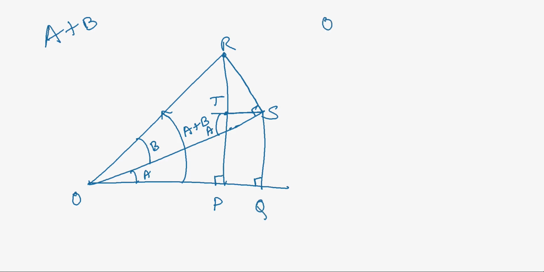So we will be dealing with the O, Q, S. OQS for angle A. This triangle will be useful, and then the other triangle will be OSR, and another triangle will be RST. Because as this is 90 degrees, this is 90 minus A. This is A. This is 90 minus A. This is a right angle triangle.